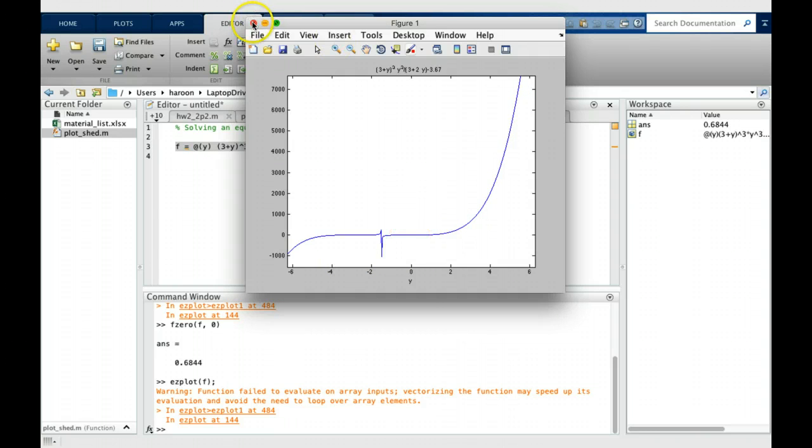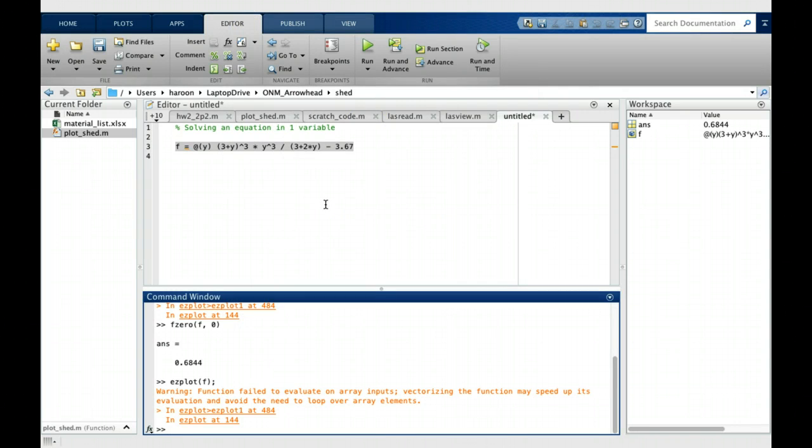So this is how we can find critical depth. And there are several other applications in open channel flow where we may need to solve a nonlinear equation, and this method can be used for this purpose.